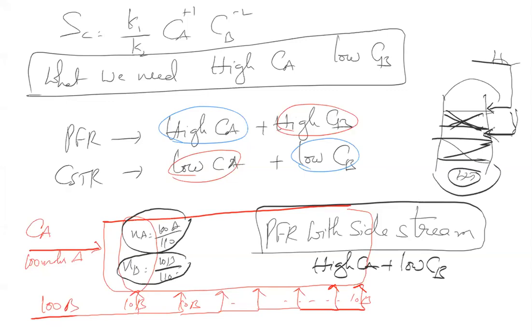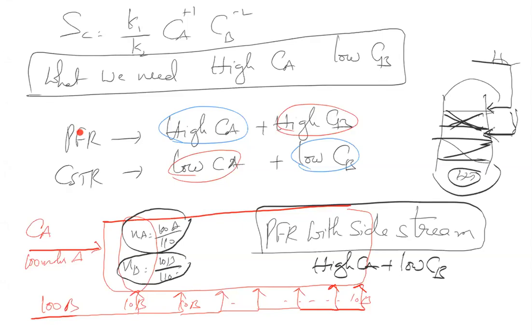If everybody is clear, then I'll explain this concept again. Based on the selectivity of B, I need high concentration of A and low concentration of B. If I select a PFR, I get high concentration of A and high concentration of B. So I'm good with respect to A, but not with respect to B. If I select a CSTR, I'm good with respect to B but not with respect to A. So by simply selecting a CSTR or PFR, you are not getting the optimum.